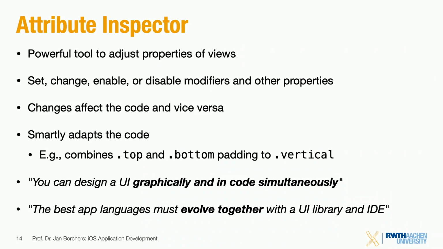And I think it also becomes clear that SwiftUI shows that if the language, the user interface toolkit, and the IDE evolve together in close lockstep, then you end up with the most productive interfaces and environments.